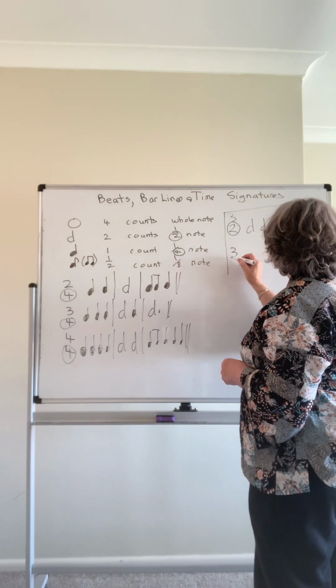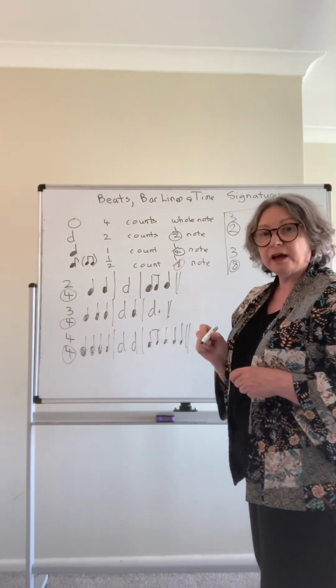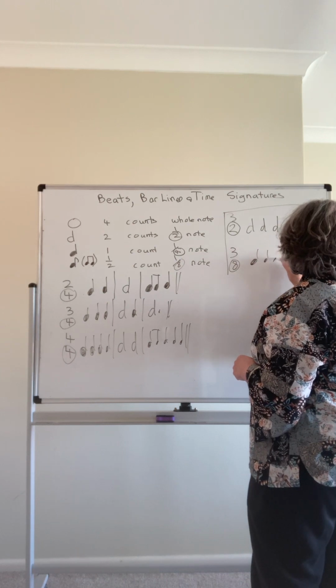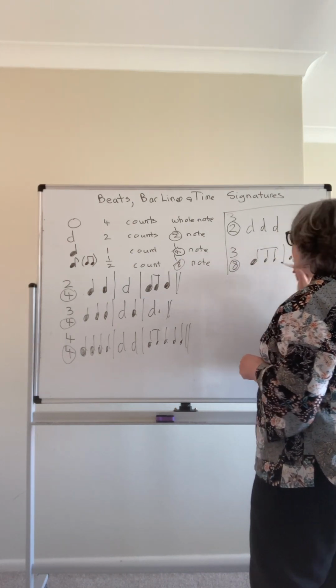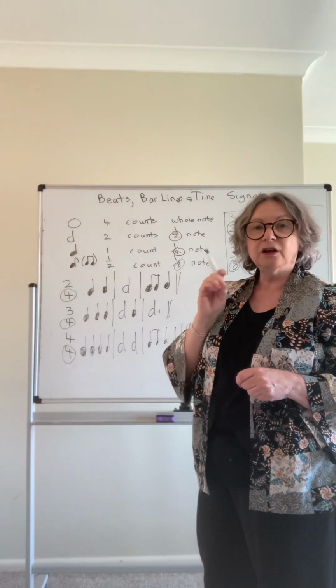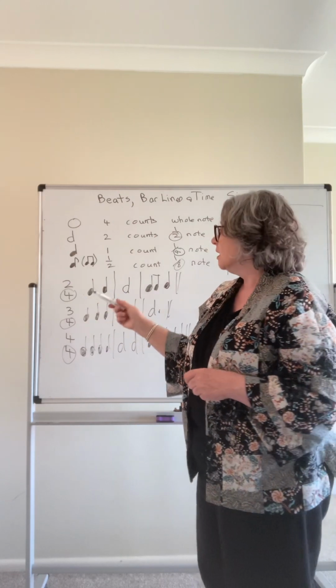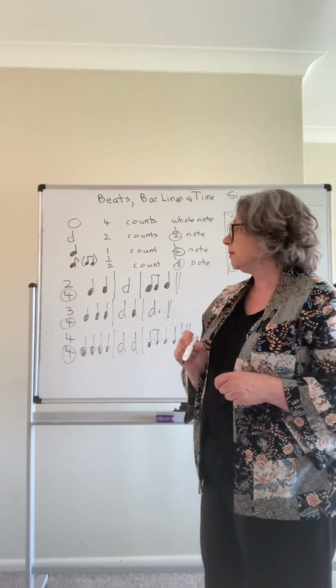If, for example, you had 3/8, this 8 is referring to this 8. So it's 3 quavers in the bar. So you get the idea. That lowest number is describing the value. The highest number is telling you how many there are in each bar.